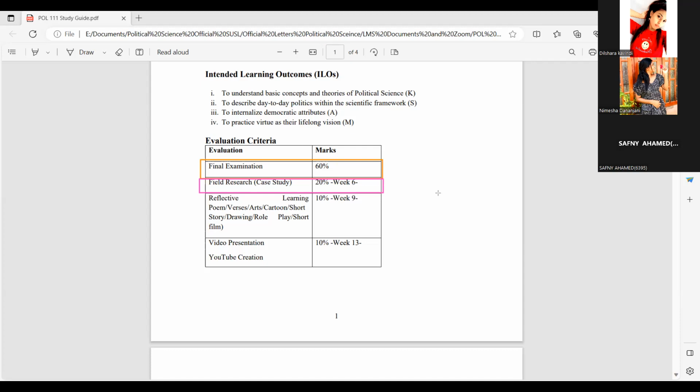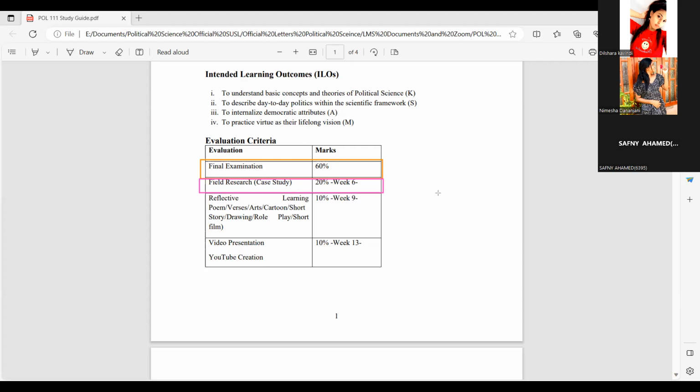Other thing is that after doing all these things, you can add these into your CV as a prestigious student of the Sabaragamuwa University of Sri Lanka, studying political science as a major or minor student. I have done this type of creative content as my assignment, and the teacher helped me to do this.